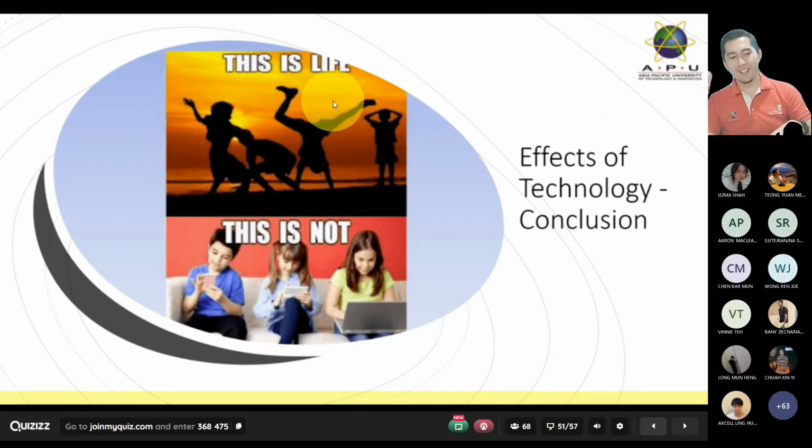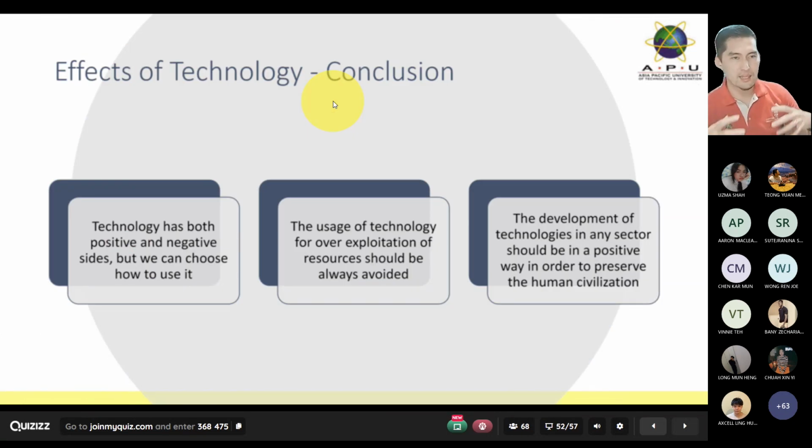All right, so as a conclusion, when it comes to effects of technology, there must always be a way of looking at it on both sides. Take both into consideration. The whole idea here is that you have the choice on which you want to focus on a bit more.